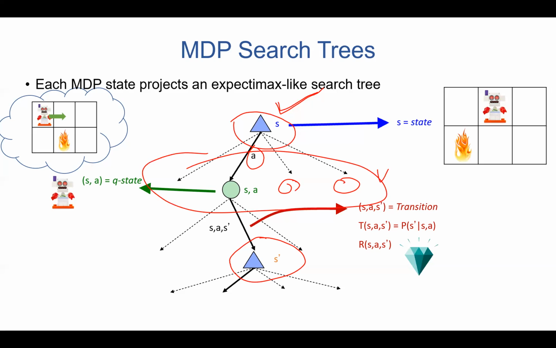The values were associated and propagated, and we took the maximum of these values. But here, we're not sure if we are getting into the S prime.